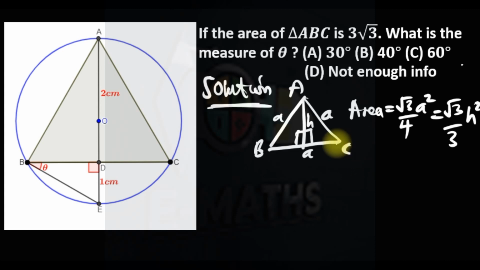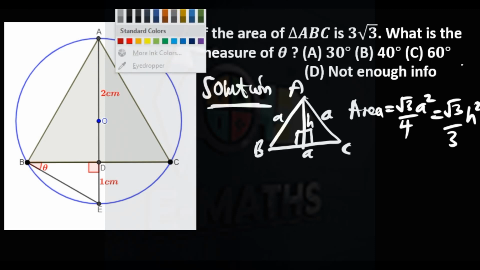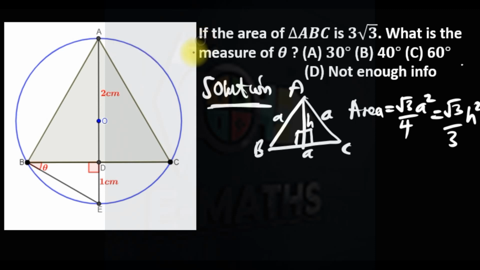So what I will do is to use, because as I'm seeing, we are not given the sides, but we are given the height indirectly. So let me change color. This is the radius of this circle, 2, and this is also the radius, AO or EO is the radius.